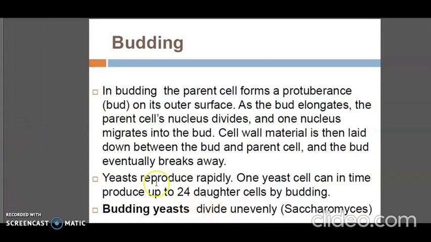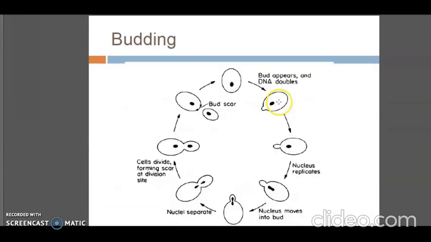and it divides unevenly. You can see that the bud appears and the DNA will double. Later the nucleus will replicate and move into the bud, and the nuclei separate and the cell divides, forming a scar at the division site. After the division, you can see the bud scar here.